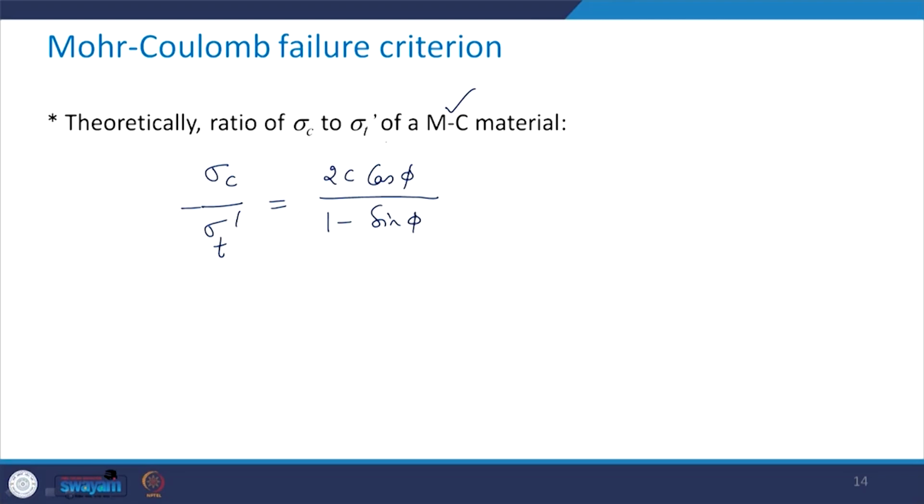Just now we derived sigma t prime, which is c cos phi divided by 2 minus sin phi, and since it is in the denominator, this term 2 minus sin phi will be in the numerator and here you will have c cos phi. So c cos phi will get cancelled.